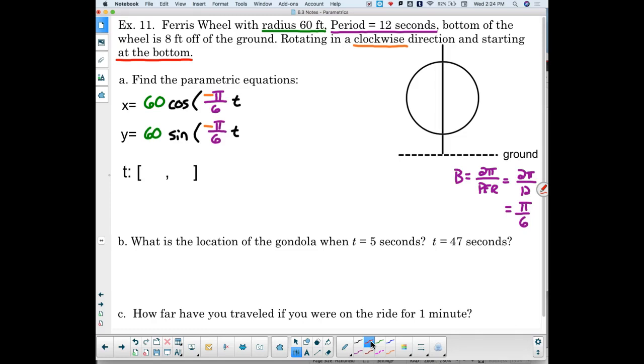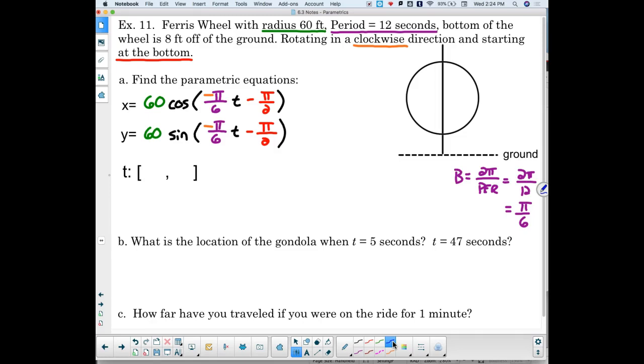Okay? So I could go minus pi over 2 here, or I could go plus 3 pi over 2 there. Anything else that we got to add? So just plus 8?